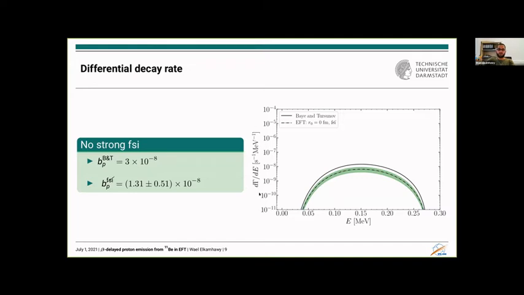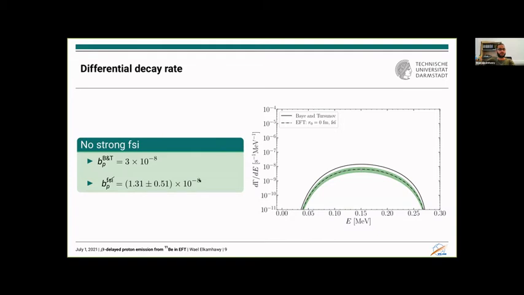Here we have the differential decay rate as a function of the relative energy between the core and the proton. Our result is given by the dashed-dotted line, and the green band is our EFT uncertainty, given by 40%. Whereas the solid line is the result by Bay and Tursunov. And as you can see, once we do not include strong final state interactions, we have a qualitative agreement with Bay and Tursunov.